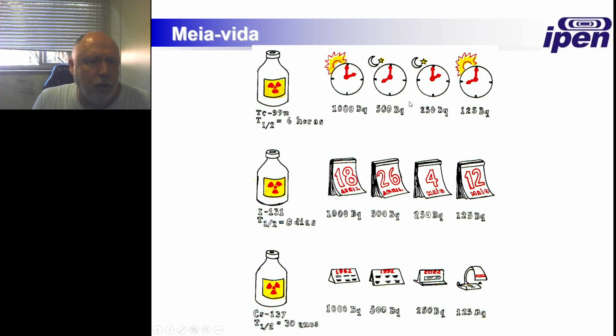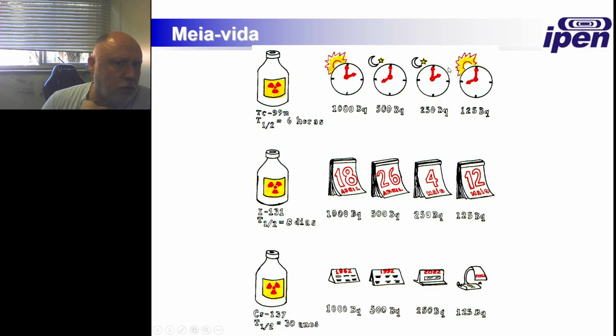An example here: we have technetium 99 metastable, 6 hours half-life. Iodine 131, 8 days half-life. And cesium 137, 30 years half-life. So if we had 1,000 becquerels of each to start with, at 2 o'clock in the afternoon you have 1,000 becquerels. 6 hours later, by the end of the day, you have 500 becquerels.